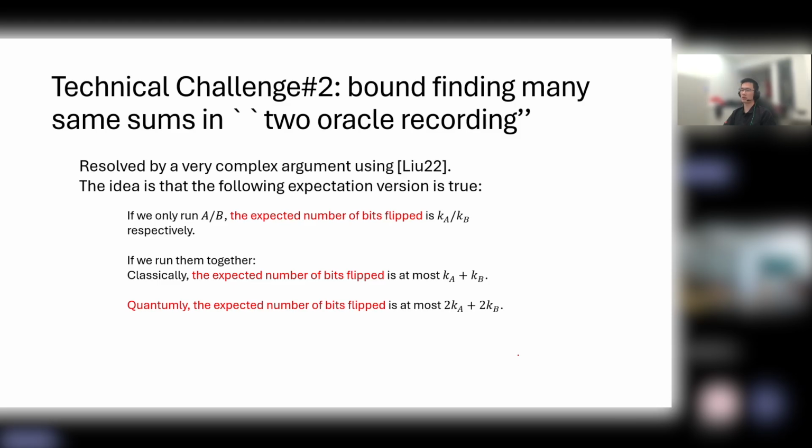If you run B, then the expected number of flips is Kb. Then if you run them together, you get the good union bound type of result. So expectation is good.